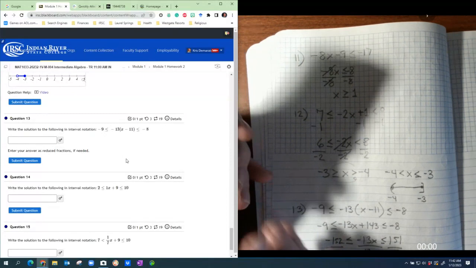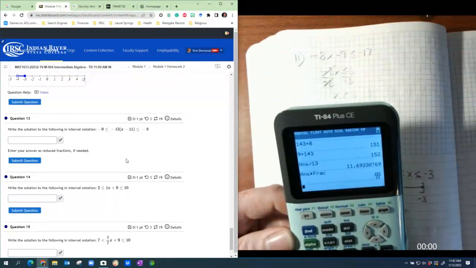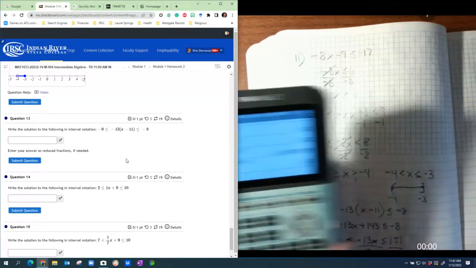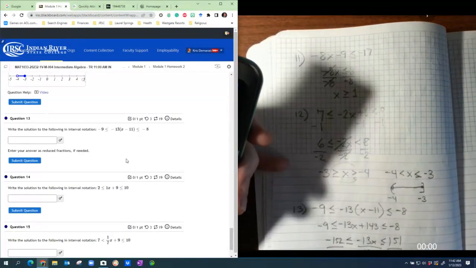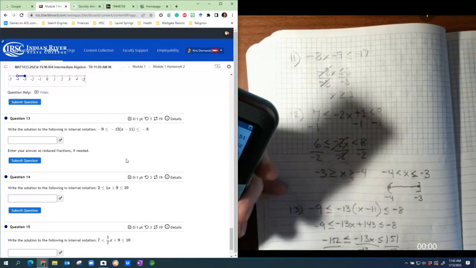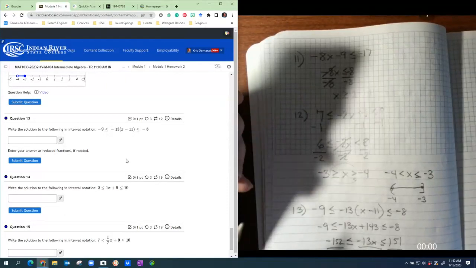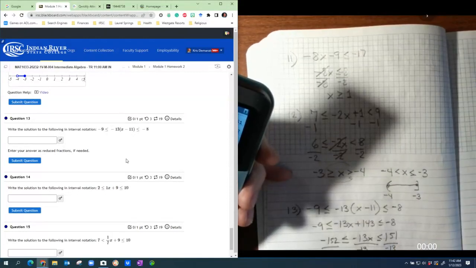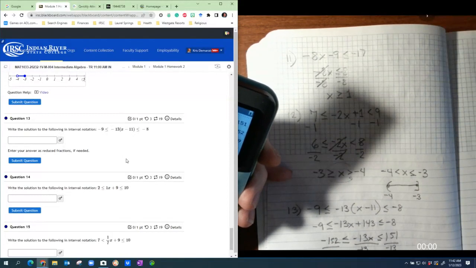Now what I did was check it real quick, and it tells me it's about 11.7. So I know that's about 11.7 when I switch this inequality, because remember, I have to put it from the smallest to the largest, and this is going to be an important factor when I do 151. This is going to be positive, and this is going to be negative, so this one's going to be less right here. All right, that's going to be that.